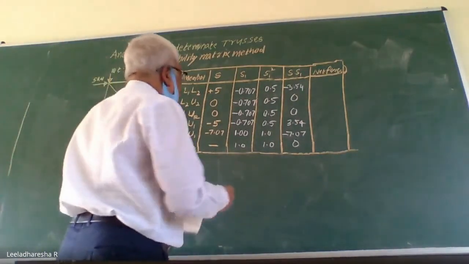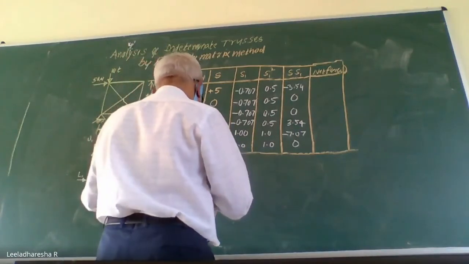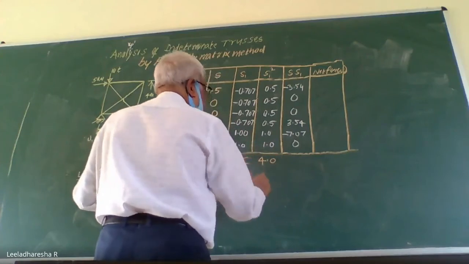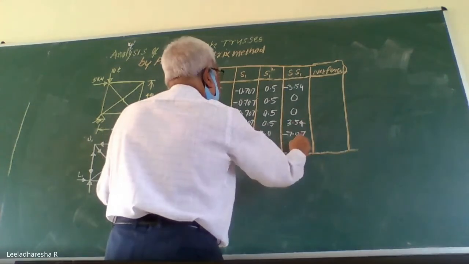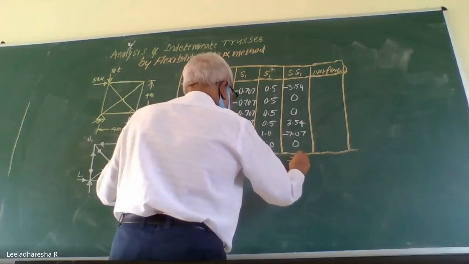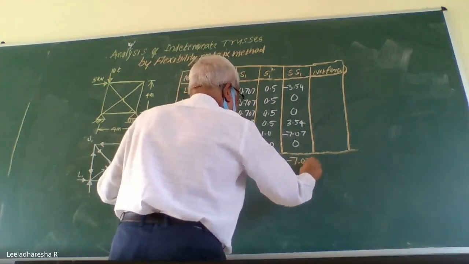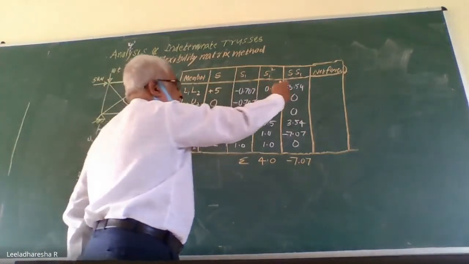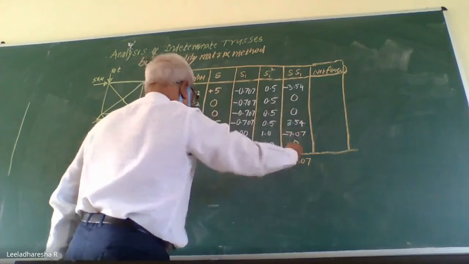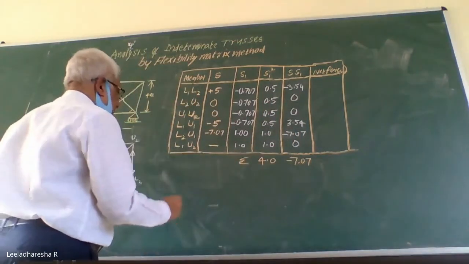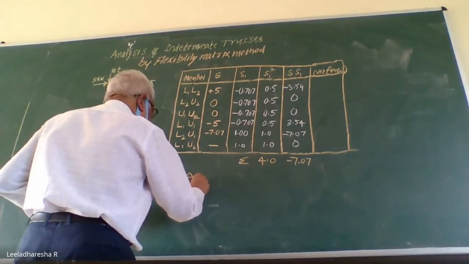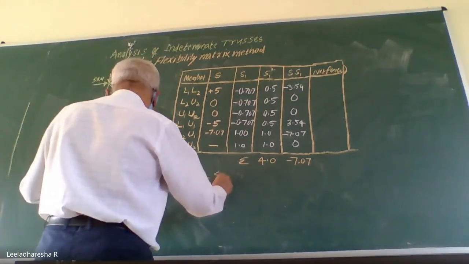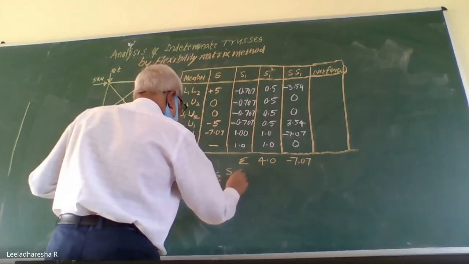Determine sigma S1 square. It will be 4.0. This sigma you get minus 7.07. So find the sum of these two columns. You get this one.